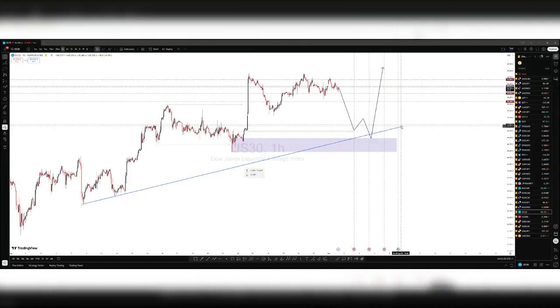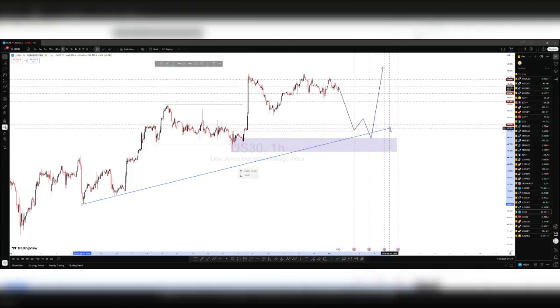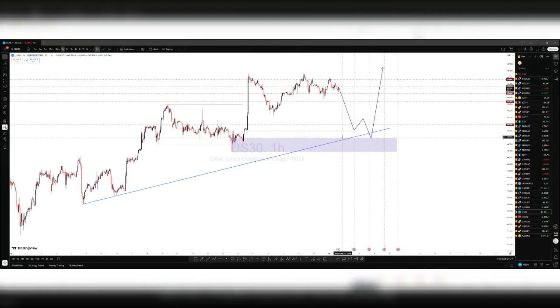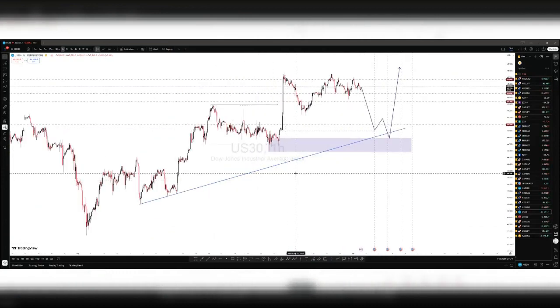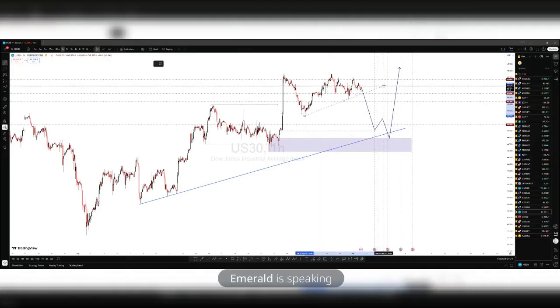My sentiment would preferably be to buy, unless maybe you're able to get a clear confirmation for the sell. I don't think I have enough time to break down what would be my confirmation for a sell. But if you're able to get a clear confirmation for the sell, I think you can go for it. But for me, I would just wait for the buy. I like to move with the trend.